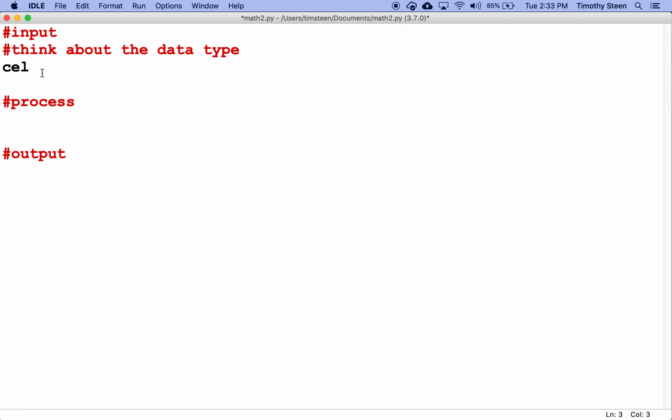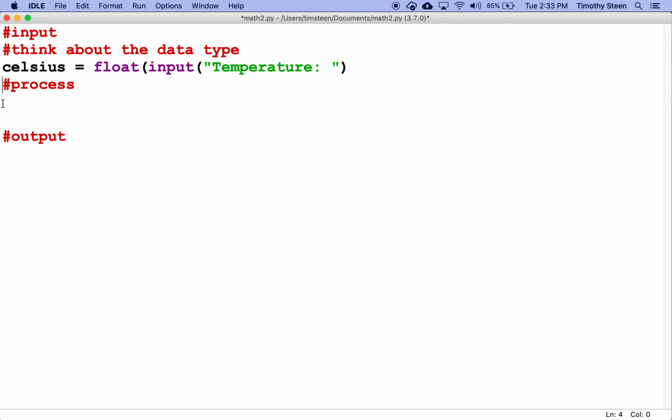So let's just say, and maybe we'll do this first one together. I don't like to give you answers, but I'm not thinking of anything clever right now. But let's say we want to get the Celsius, and so this time we'll convert it to a float. So we'll get the temperature, right? And then we're going to process this one.